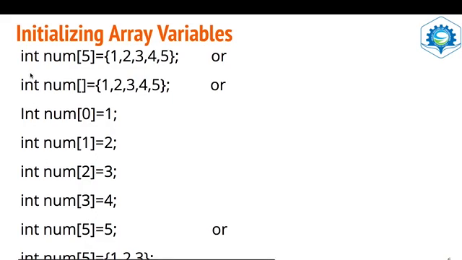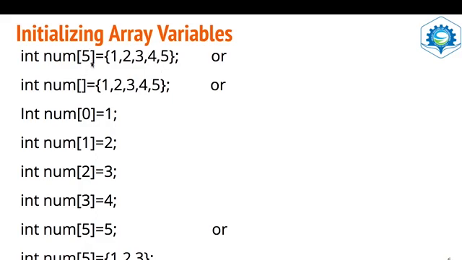The first one is the most basic. See, an integer array of size 5 with the name num is declared. Along with that, you can specify the elements in that array. So 1, 2, 3, 4, 5 are the different elements of that array. This one will go to the location num[0], then num[1], num[2], num[3] and num[4].